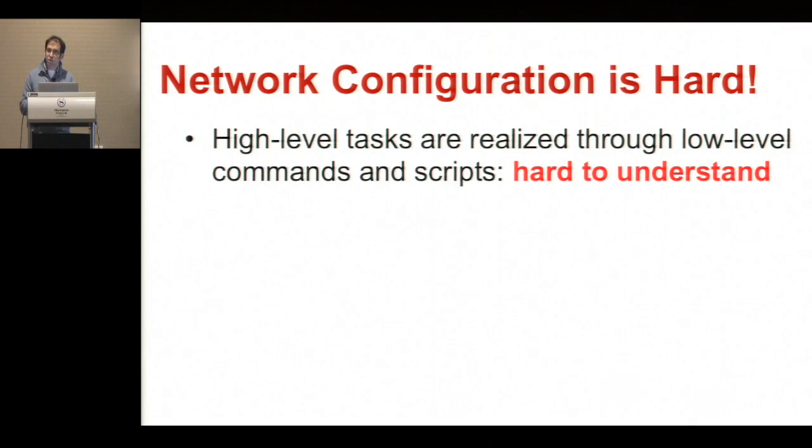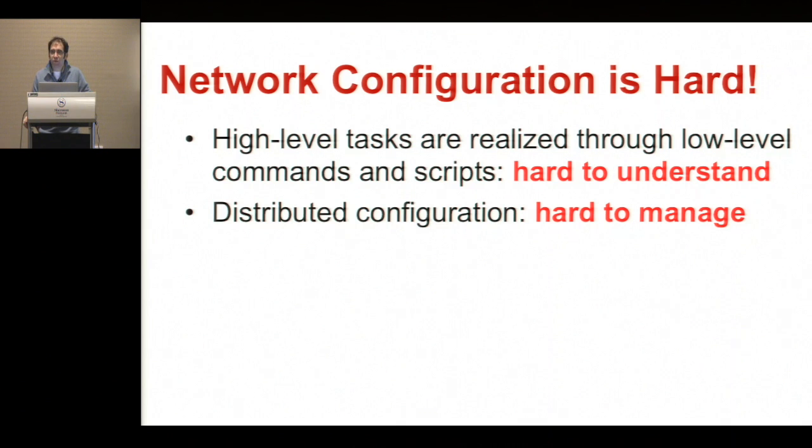And you'd like to be able to just say that, like I was just telling you. But it turns out that a lot of those higher-level tasks are realized through very low-level commands and often scripts that are wrapped around those low-level commands. And as it turns out, that just makes the whole endeavor very difficult for operators to understand.